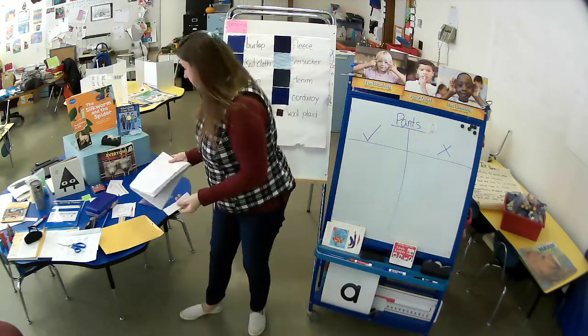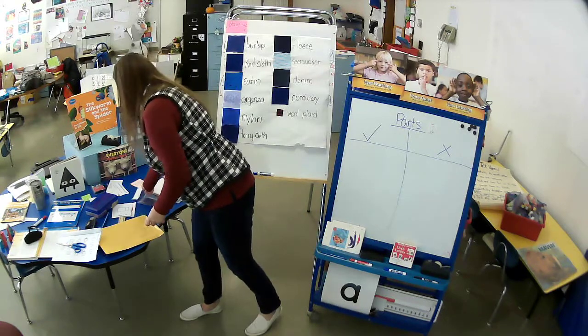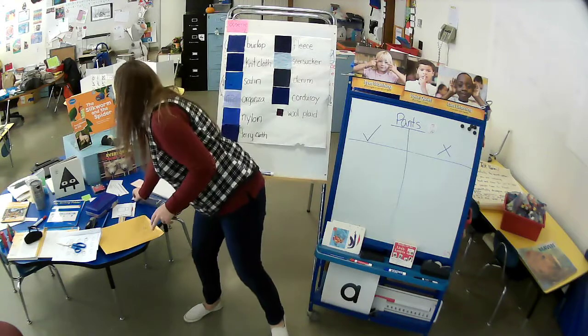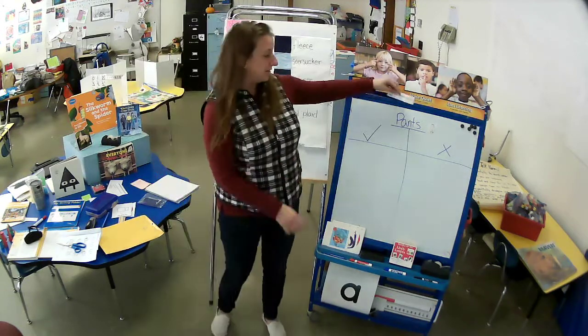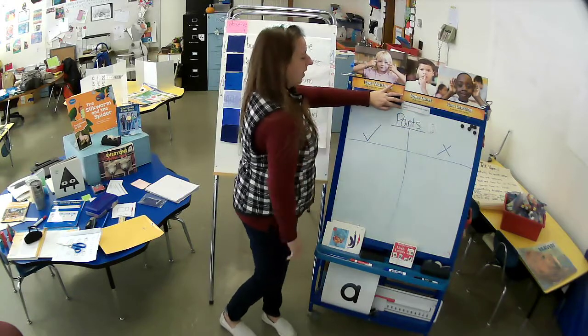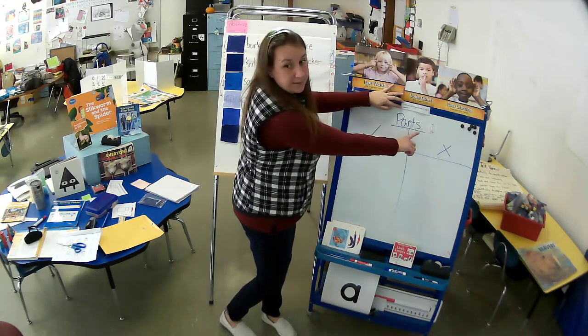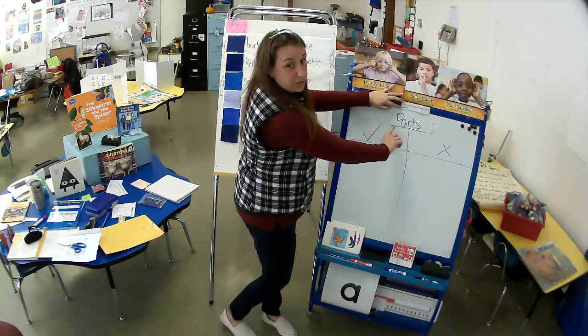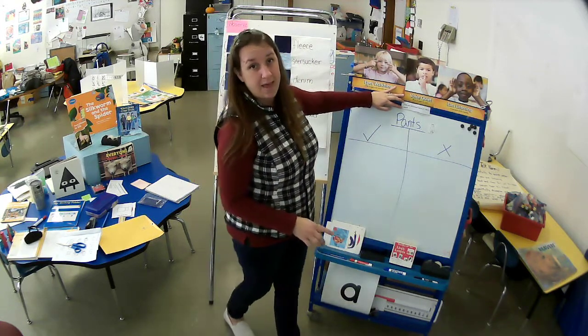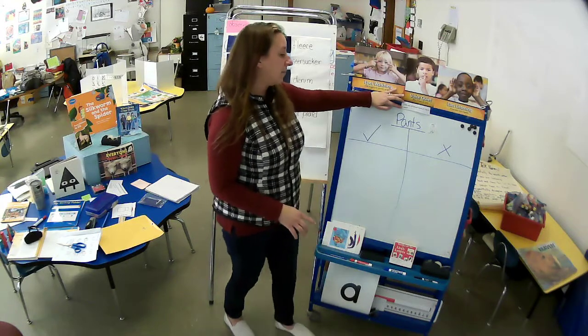And then what I want you to do is write the word pants under your essential question. So here's my essential question, and I've got the word pants, all right? You can just copy mine, or you can stretch out the sounds like Dory. Pants, okay?